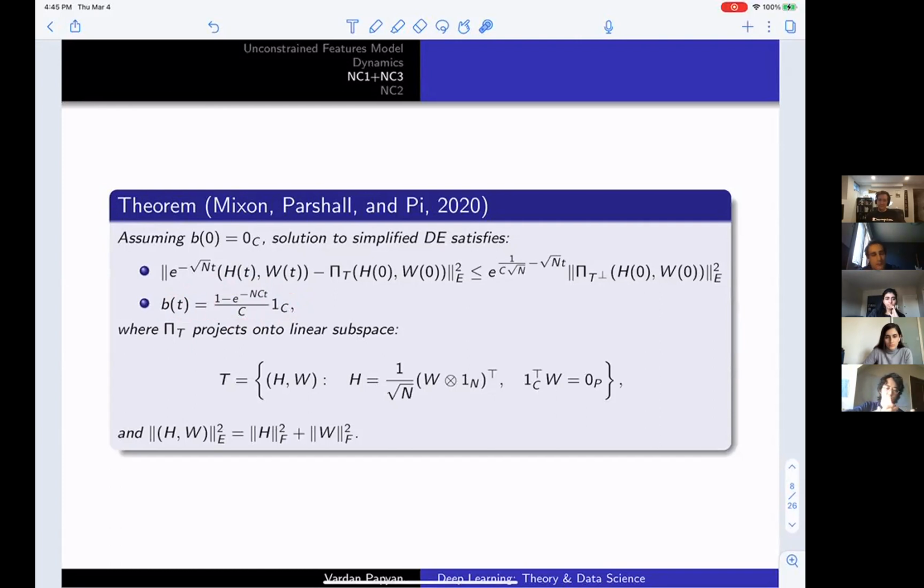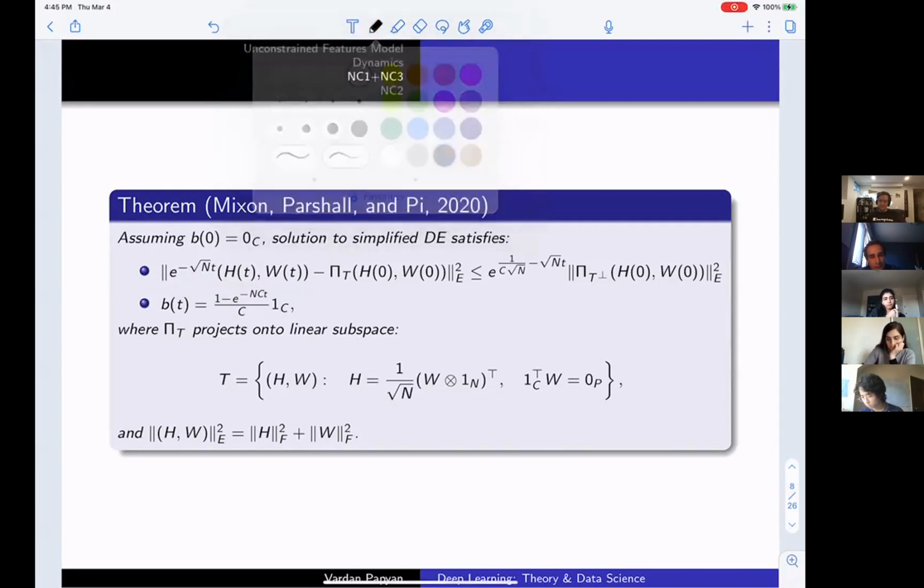So what does it say? It says, imagine you have the tuple of the features and the classifiers at time t. Imagine that you scale it by some quantity, like a scalar. Let me highlight what's important.